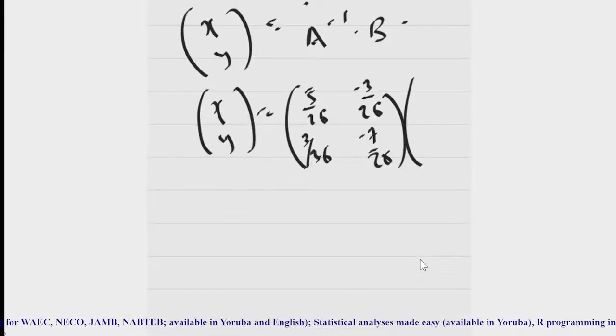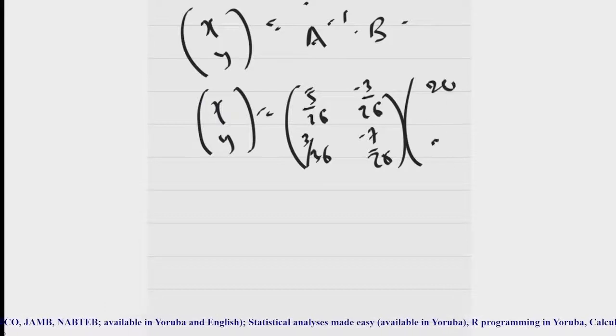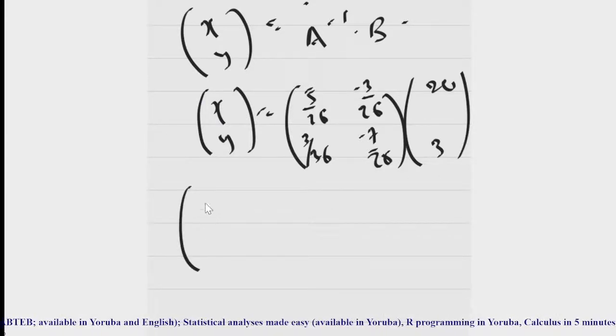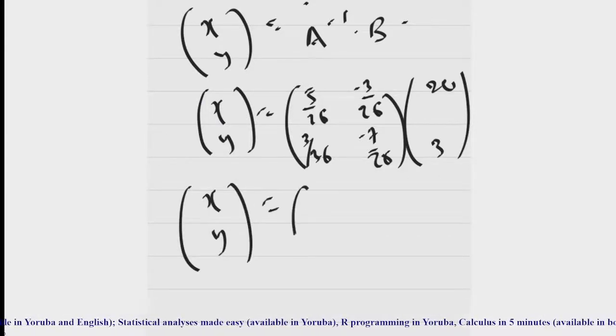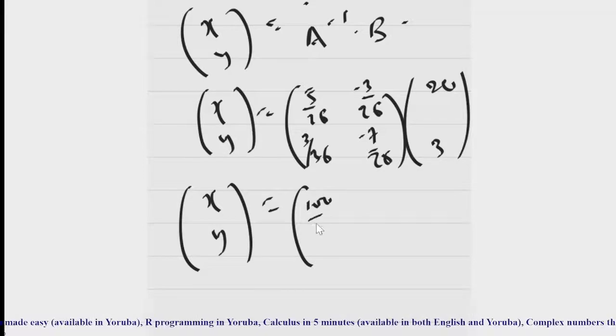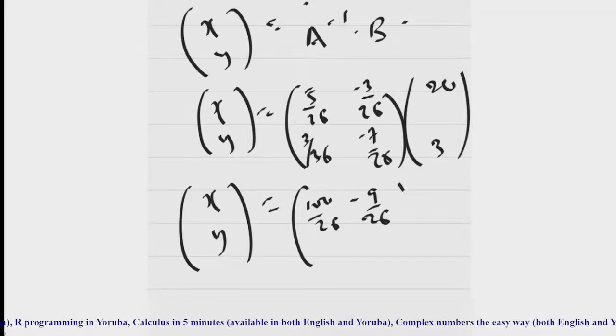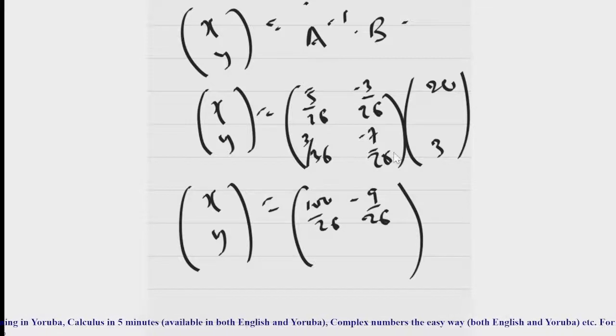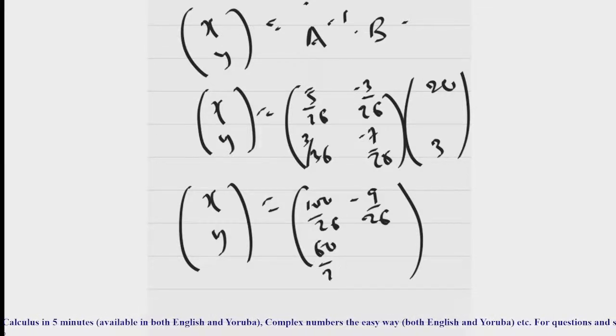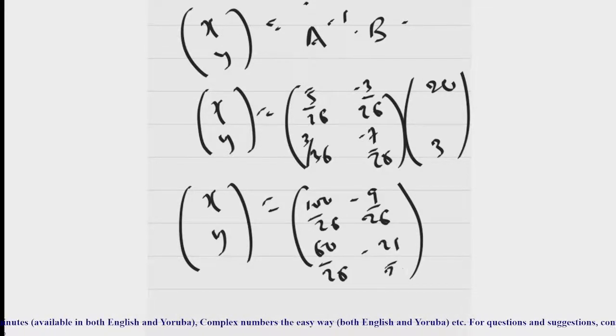That's 20, 3, right? So then if you now multiply them together, I'm going to have this times this. That's going to give me what? 100/26, then minus 9/26. And this also will give me what? 60 divided by 26, minus 21/26.